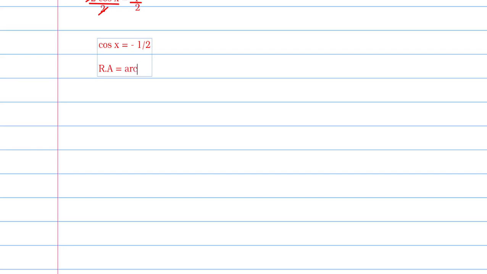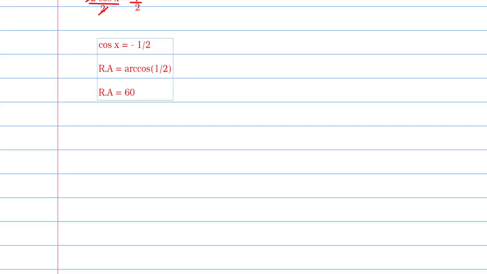It's actually arc cos of 1 over 2. Just in case you're wondering why I'm not putting the negative here, this sign will always tell you the quadrant. This is what we use for the choice of our quadrant. For now, when finding the reference angle, do not put in the sign. Now, the reference angle here, arc cos half, is nothing but 60 degrees.